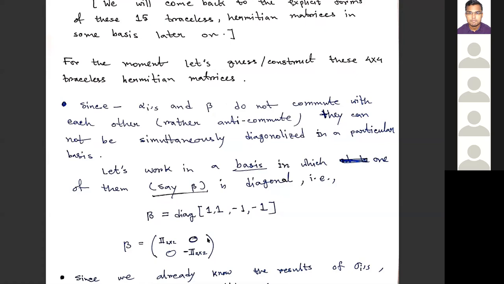So this is traceless Hermitian, and it has eigenvalues plus or minus 1. So this is the choice of beta that I can make. I can go to a basis in principle in which beta is diagonal. So this is my beta. Now I should take the alpha to be off diagonal, right? Because alpha and beta cannot be simultaneously diagonalizable. Is this point clear?